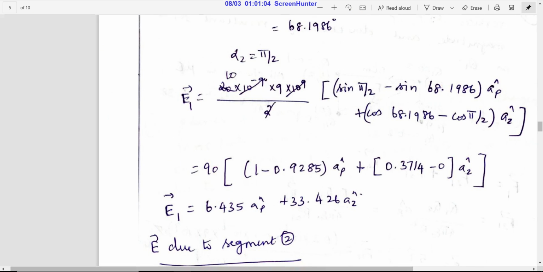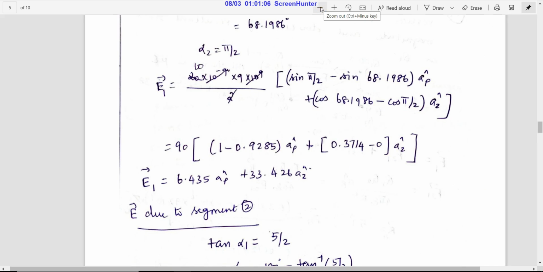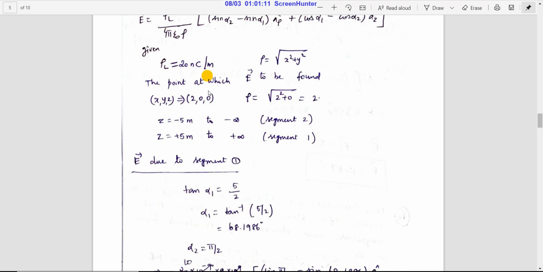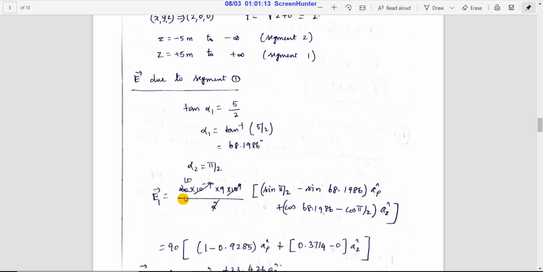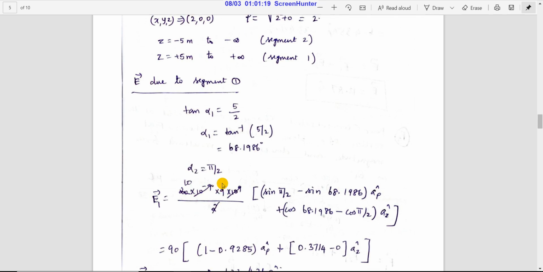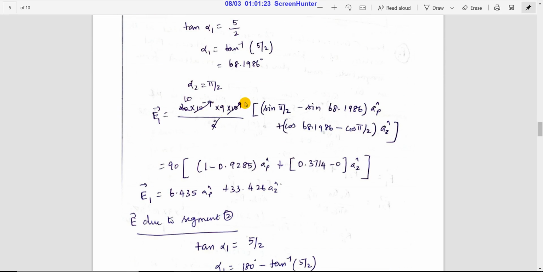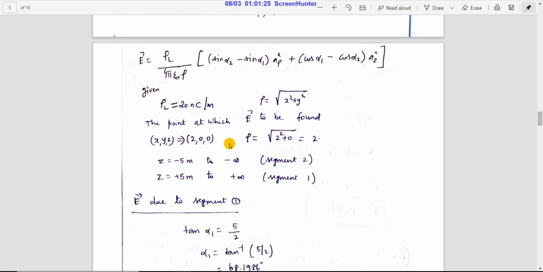So if you substitute these values in this particular equation, rho L is 20 nanocoulomb. So 20 into 10 power minus 9, into 9 into 10 power 9, because we are having 1 divided by 4 pi epsilon naught, divided by rho. Rho is 2.